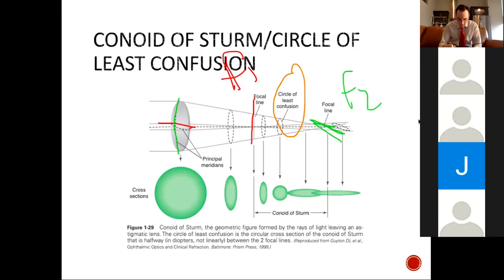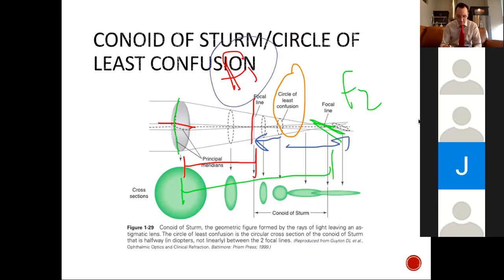The reason why F1 is closer to the lens compared to F2 is because it's a stronger prescription, right? It's going to bend light more. Another comment to make would be that the book references that this circle of least confusion, the spherical equivalent, is actually closer to F1 than it is to F2, okay?